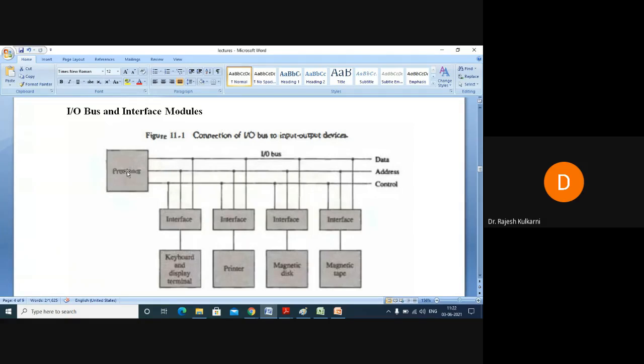So when the CPU wants to talk to the keyboard or the printer, it will not do it directly. It will do it through the interface units, activating the requisite address lines, data lines, and control lines. Accordingly, those will be decoded by the interface units.